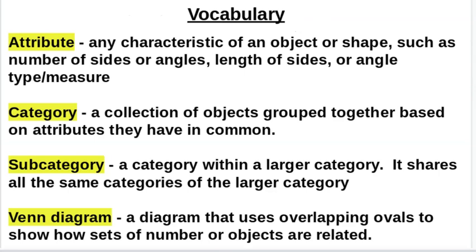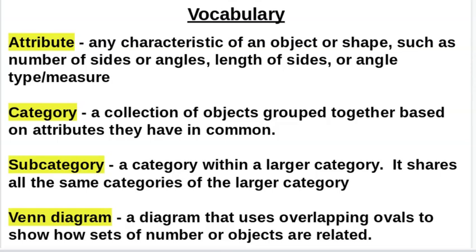So before we get into looking at that exit ticket, I want you to take a look at these vocabulary words. We know that an attribute is a trait, a characteristic of a shape. And when we're talking about attributes, we're really looking at number of sides, equal sides, the angle lengths, parallel sides, perpendicular sides, things like that.